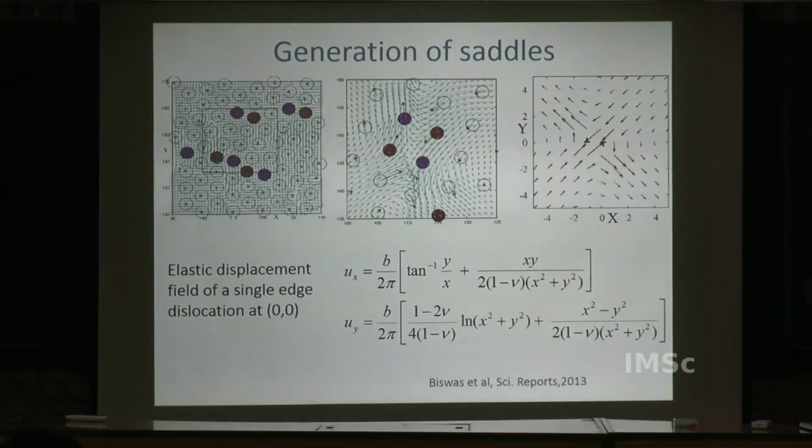On the other hand, I have shown you grain pictures also where you found stable grains lined by these pink and red defects, but the difference between this and that structure is the arrangement of the defects.